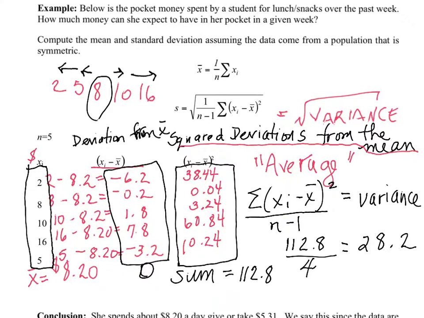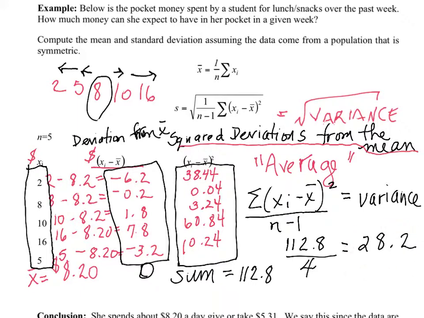The deviations from the mean, X minus X bar, is also going to be in dollars because we're taking X dollars minus the sample mean in dollars, so that gives you dollars back. But what happens here? We've squared dollars, so this whole column is made up of units of dollars squared. What does that mean? It really doesn't mean anything, so that's why I'm not going to put it here, and I'm not going to put it on the variance term.